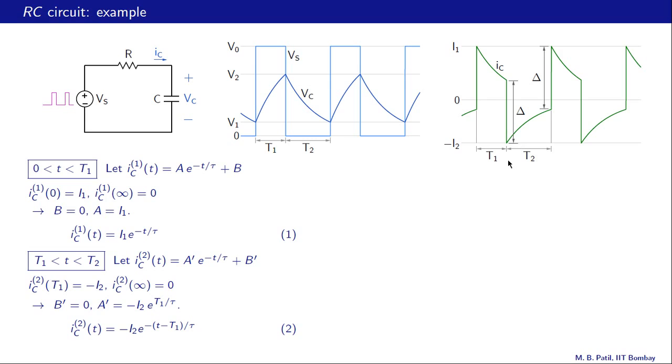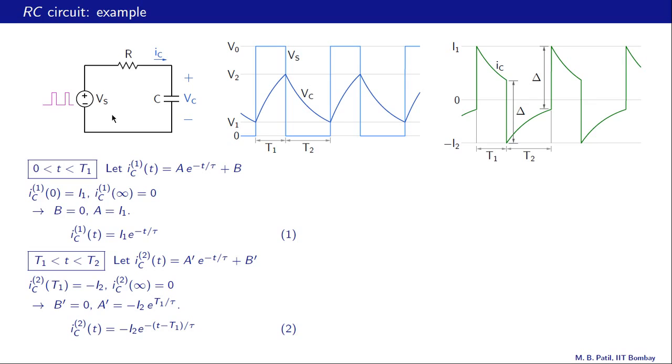At this point t equal to T1, the input voltage is changing from V0 to 0. The capacitor voltage is not really changing because Vc at T1 minus is the same as Vc at T1 plus, and therefore coming to this circuit now, we observe that there is a change in Vs, there is no change in Vc, and therefore this change in Vs must appear across this resistance, otherwise KVL would not get satisfied.